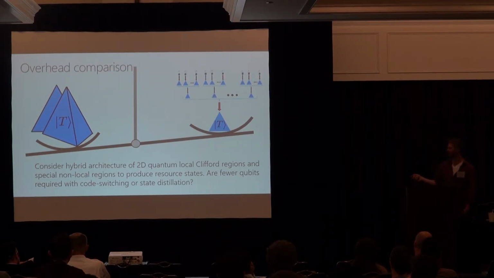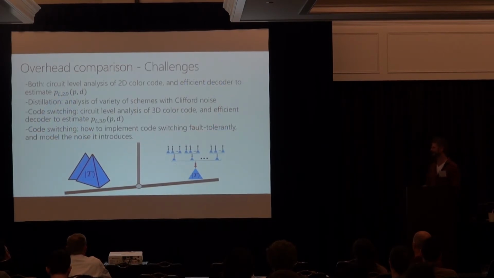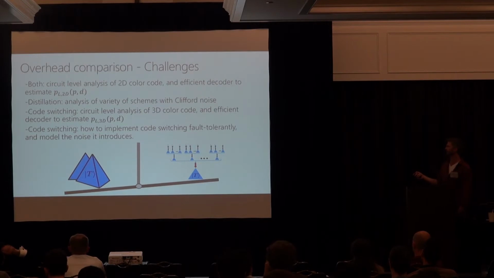So, for this to be worthwhile, you either need an architecture that doesn't care at all, or you really want it to be much cheaper. So you can take the hit, essentially. Okay, so what are things that make it difficult to do this comparison?